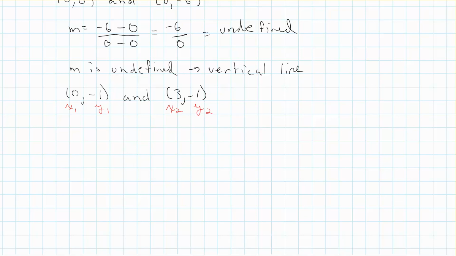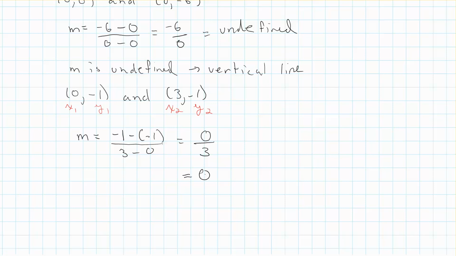If we compute the slope here, we would have negative 1 minus negative 1 over 3 minus 0. Negative 1 plus 1 then is what I'd have, so that's 0 over 3. Now, for some reason people mix up this previous one and this one. 0 over 3 is absolutely fine. 0 divided by 3 is something you can compute, and 0 divided by 3 is of course just 0. So that means we have a horizontal line because we have 0 slope.